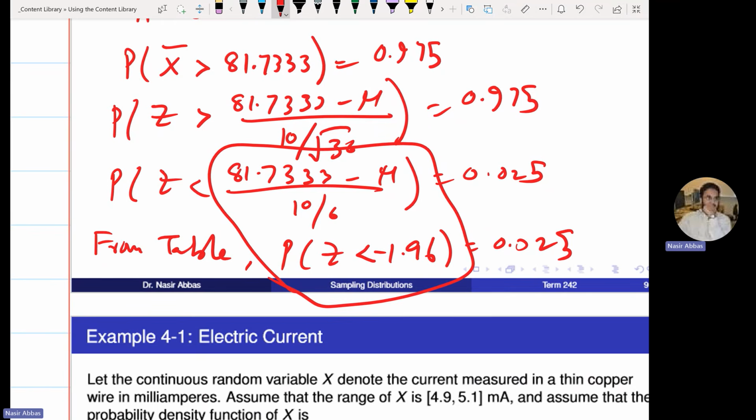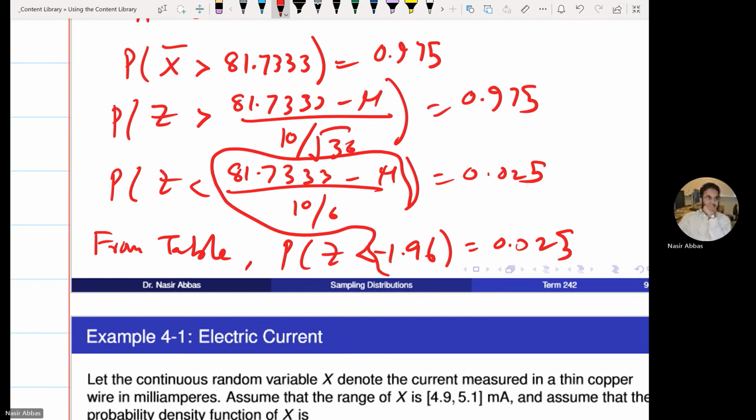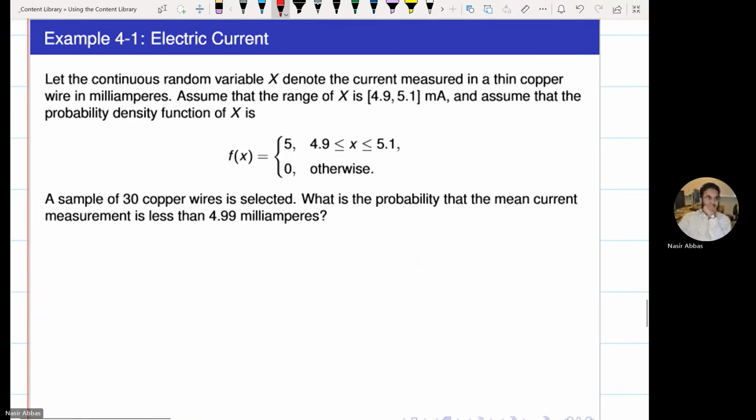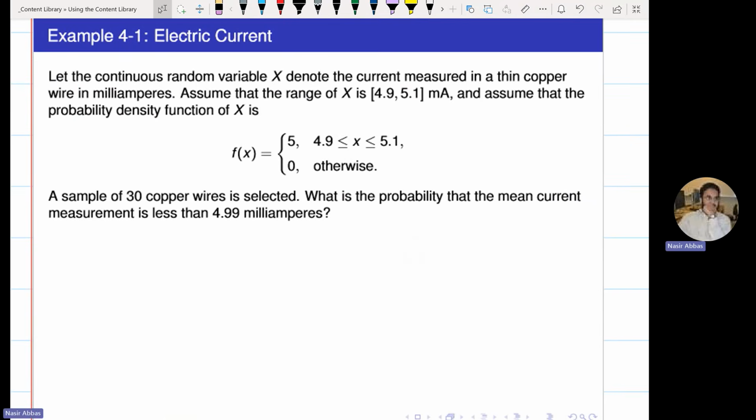And from this equation, you will get what? Put 81.73 minus mu over 10 over 6 equals minus 1.28, and you will get the value of mu. This is question 4.1 that you did in chapter 4.